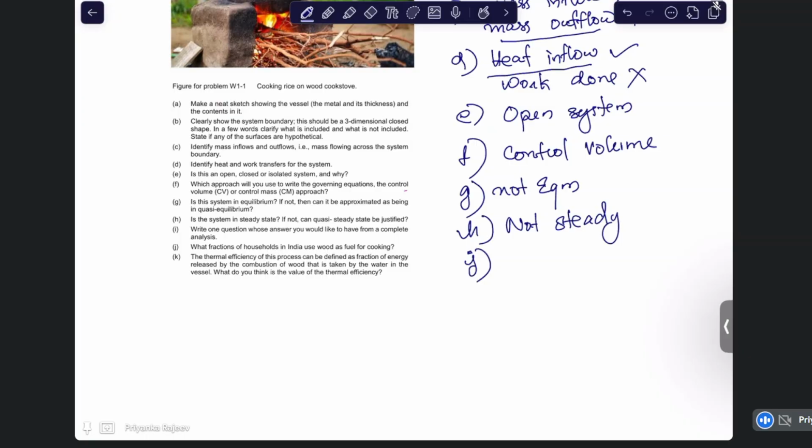So we can say something like how much time will it take for cooking if the heat input is so and so, or if you want to cook this within 20 minutes, then how much heat input should be given. Then the study will be heat input rate versus time.